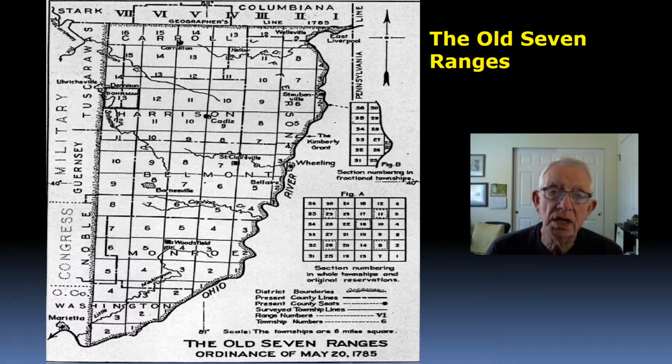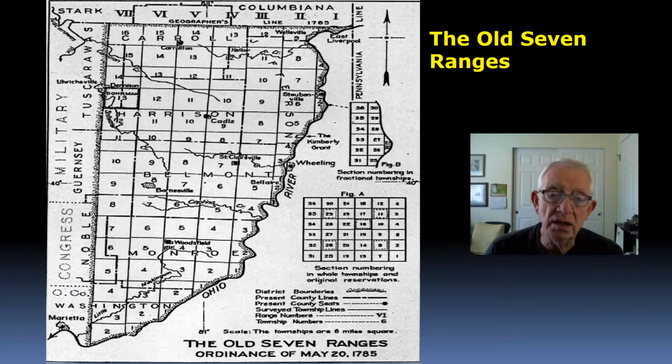Now, a range is the north-south block of townships. And so you can see that they go out quite a bit. And then they're numbered a little bit differently than we've been talking about how sections are numbered now.